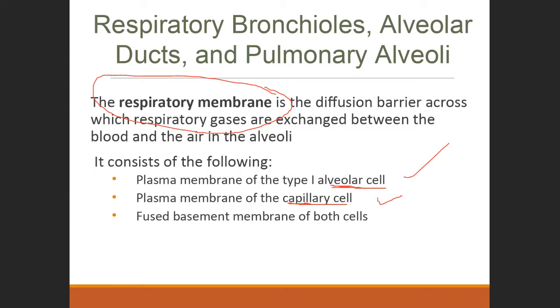And connecting those two membranes together, connecting the alveolar cell directly with the cells of the capillary wall, we have this basement membrane. So as oxygen from the air you just breathed in moves through the alveolar cell, through the capillary wall, and through the basement membrane in between, you go from the air into the blood.